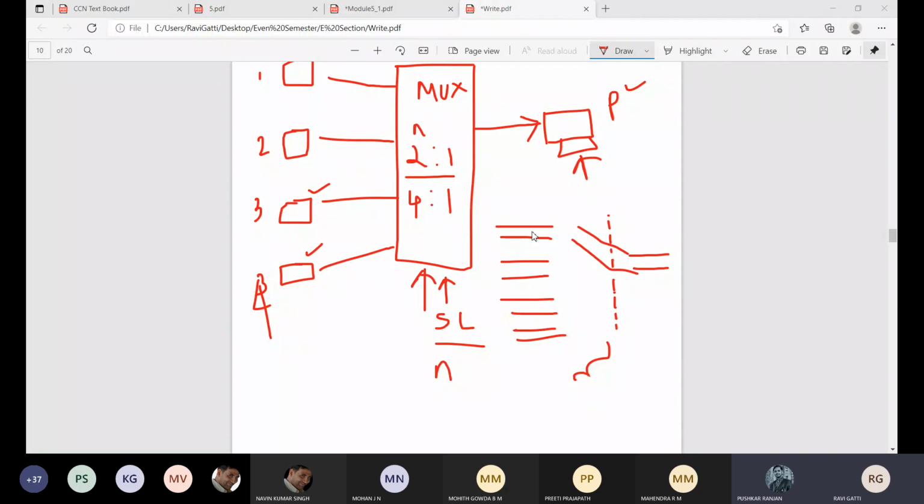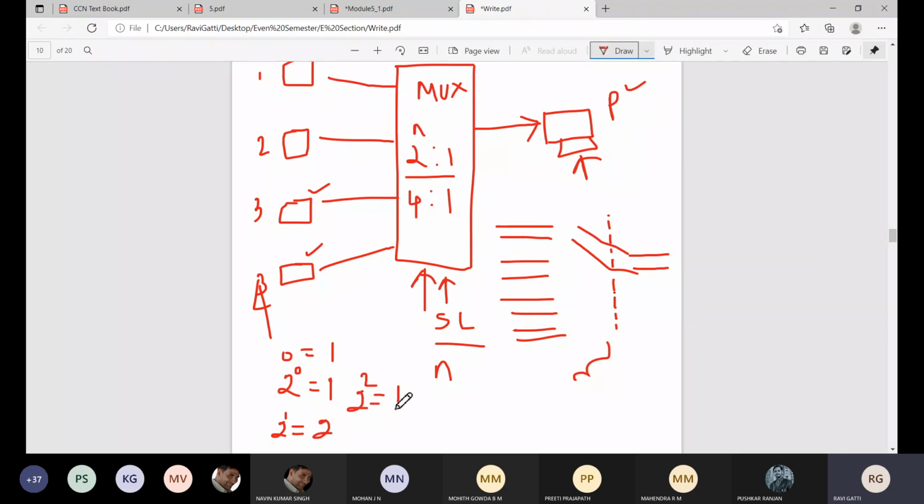Why do we generally take 2 to the power n is to 1, sir? See, generally binary means 0 or 1, so it is in terms of powers of 2. 2 power 0 means 1, 2 power 1 means 2, and 2 power 2 means 4.